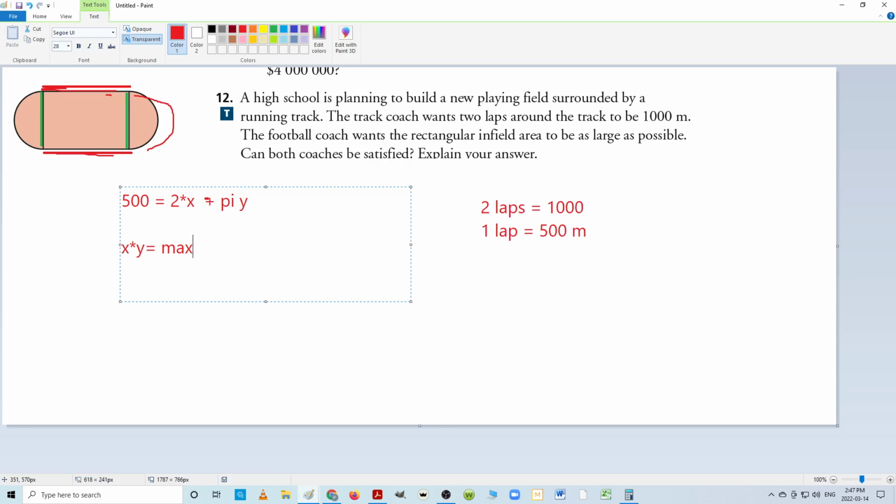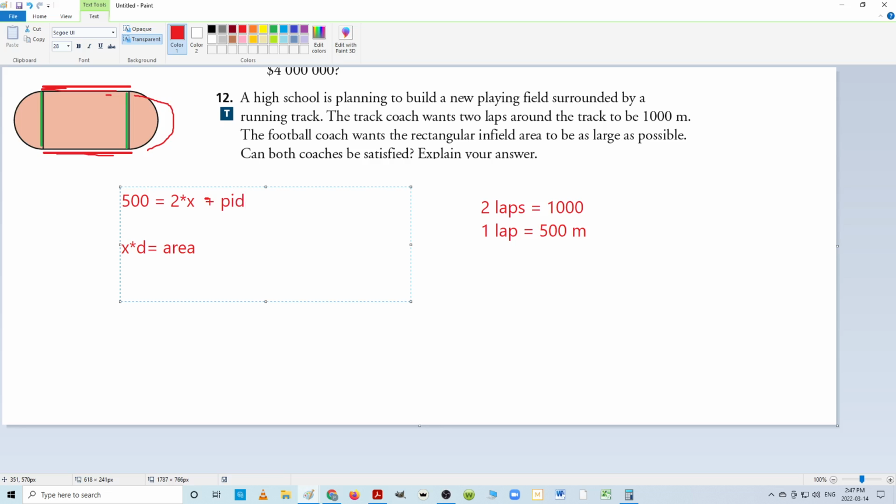Well, I know the area is going to be the inside, but we don't really know the area. Now, if the diameter is y, and this is also pi times the diameter, there we go, I got it.